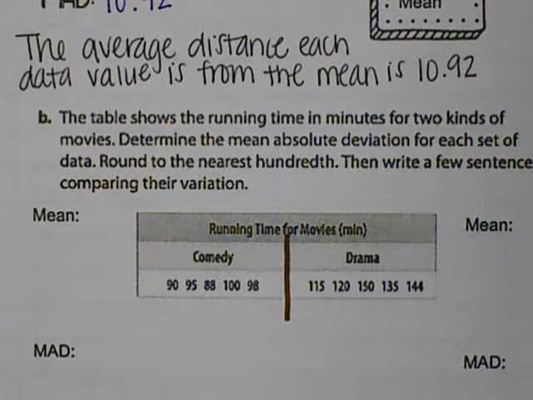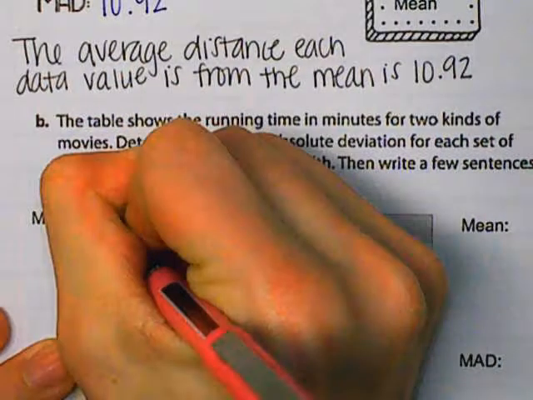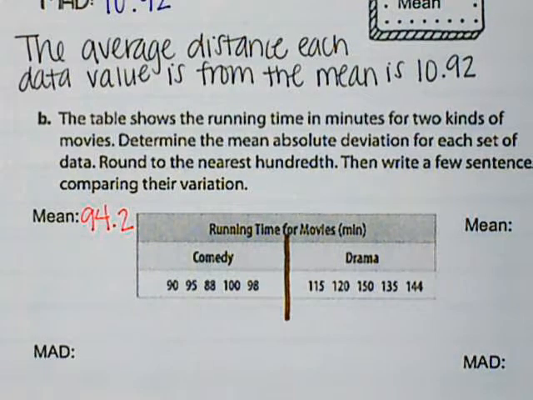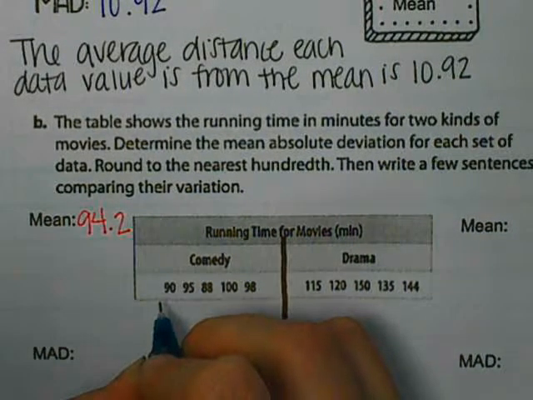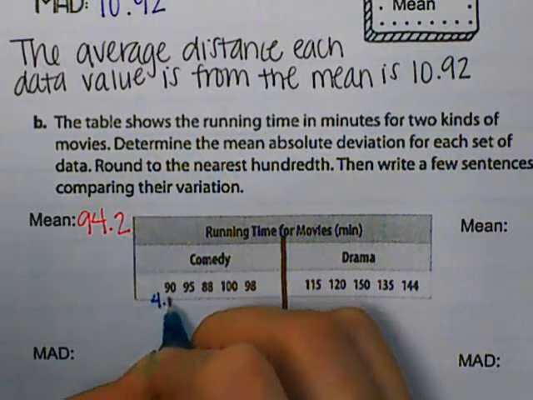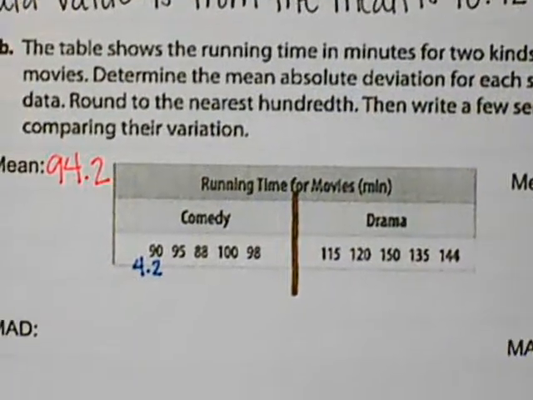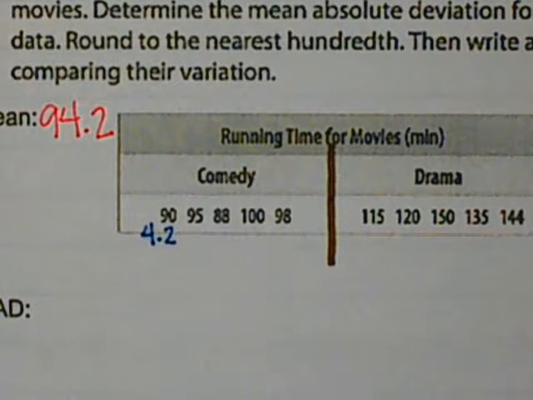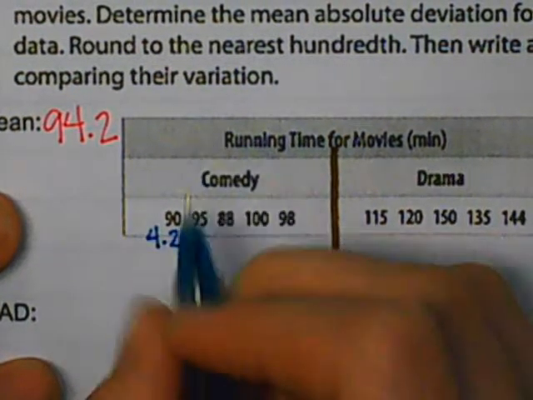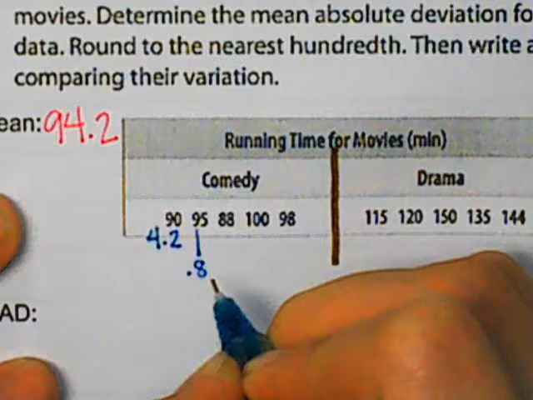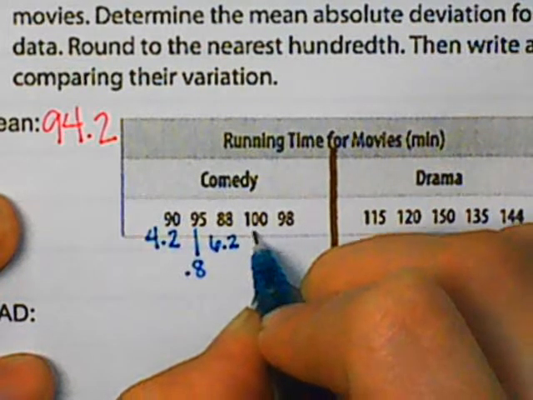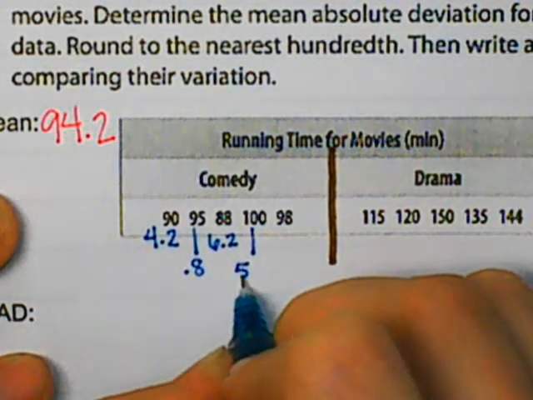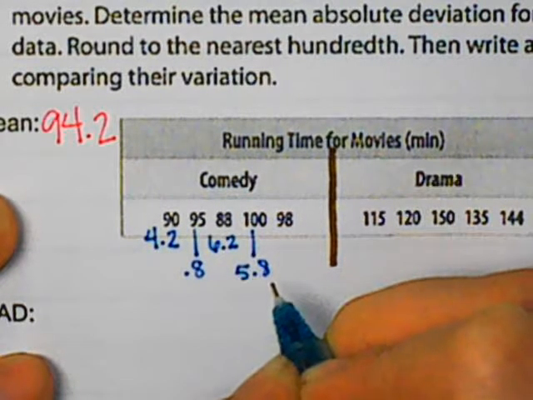We have 5 values. We're going to add our 5 values, divide by 5, and we calculate a mean of 94.2. So now we are going to subtract to find all of the distances from the mean. 90 is 4.2 away from the mean. 95 is 0.8 away from the mean. 88 is 6.2 away from the mean. 100 is 5.8 away from the mean.